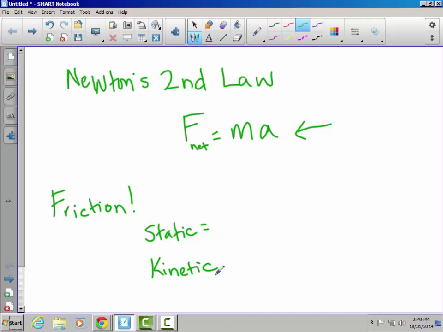Static friction is the friction that exists between two surfaces when the objects are at rest. Kinetic friction is the friction that exists between two objects when one of the objects is in motion.